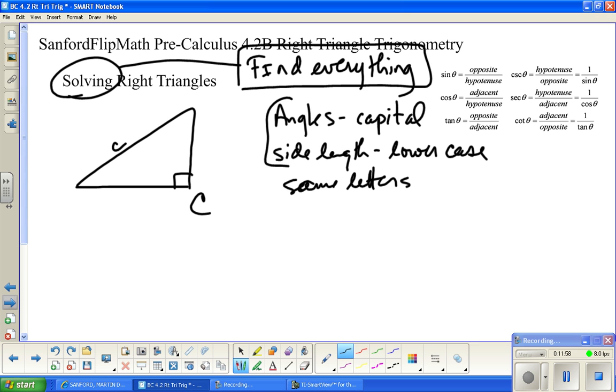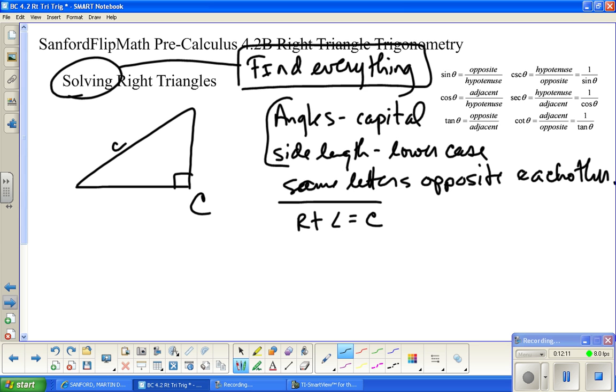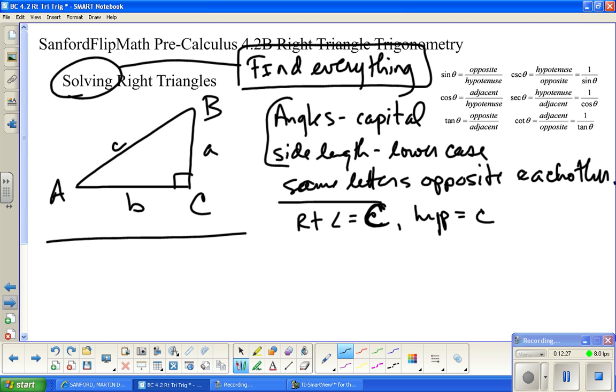Same letters opposite each other. If it's a right triangle, the right angle is usually C, and the hypotenuse is usually c. Okay, and then the other sides and angles are similar, only A and B, usually. Okay, there's nothing sacred about this lettering system. It is just very, very common.